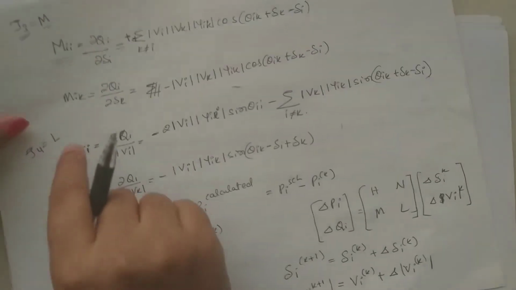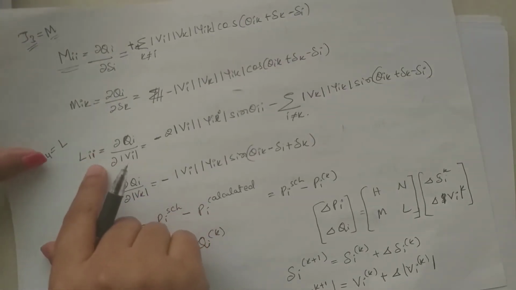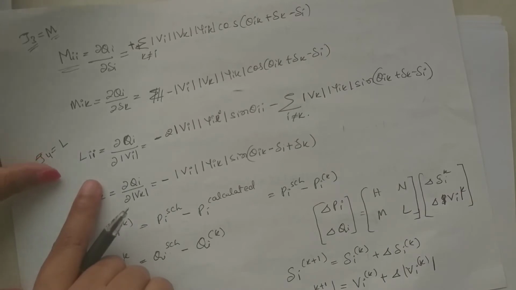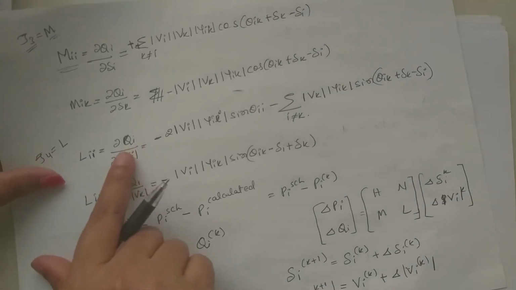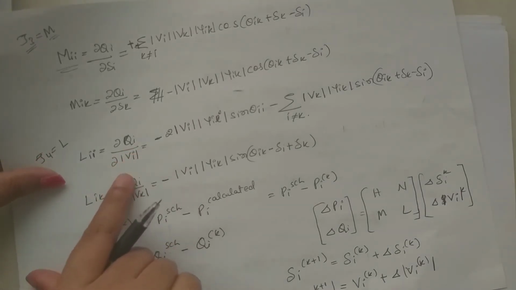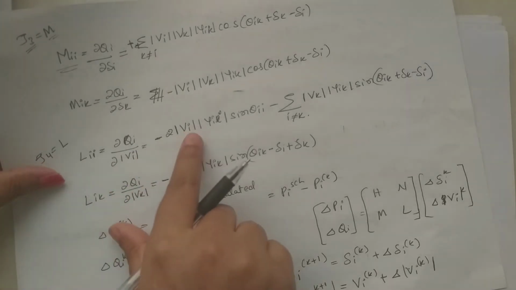Now we have to find out the value of L33, which is the partial differentiation of Q3 with respect to V3. We will use this formula.